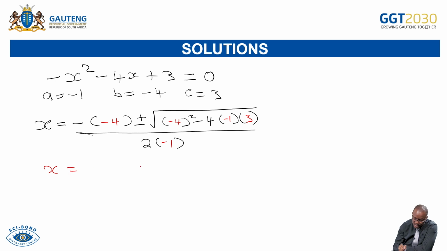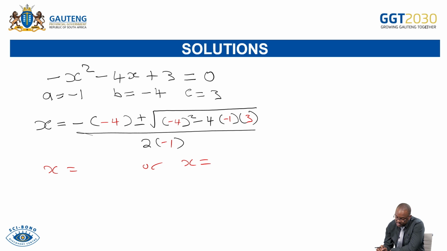So we are going to get the values of x. So now in this case, what will happen is that we get negative into -4 plus the square root of -4 squared minus 4 into -1 and 3 divided by 2 into -1.